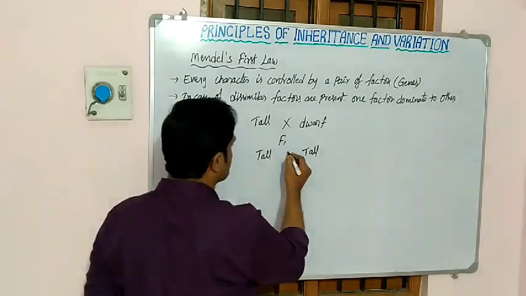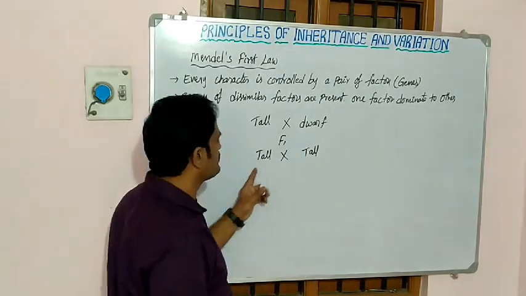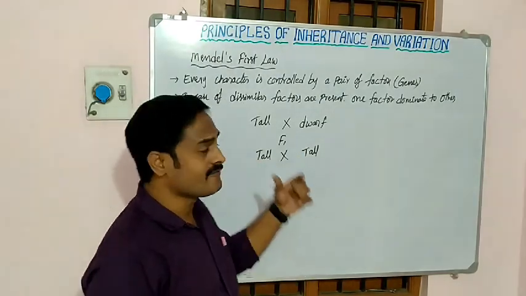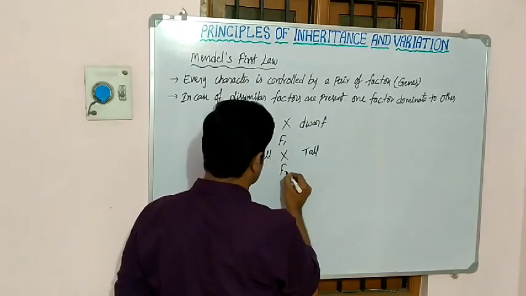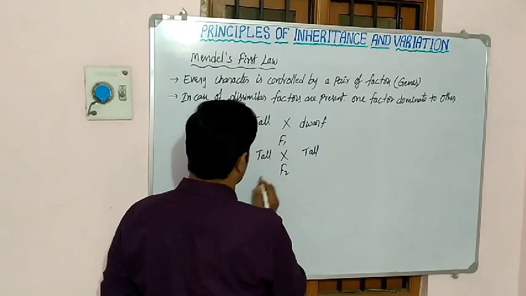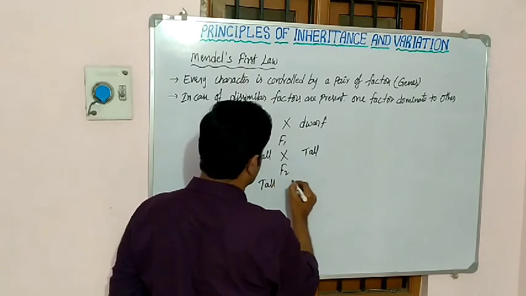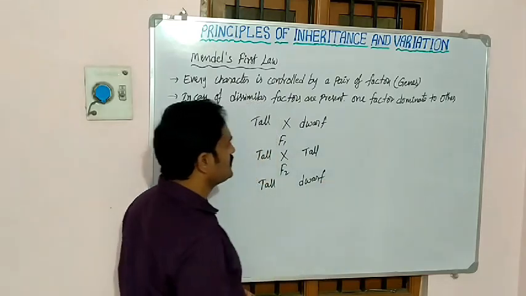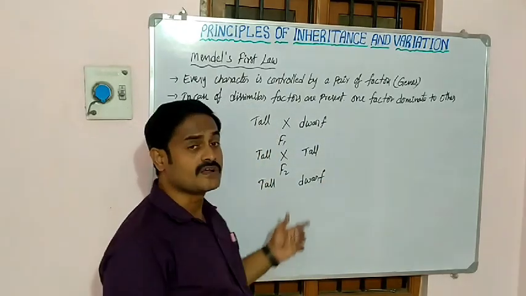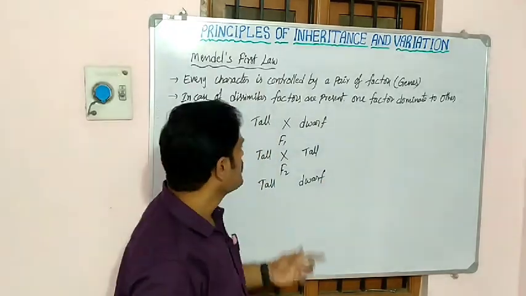Then again we conduct self pollination between these F1 generation plants, and the F2 generation forms tall and dwarf. So this is about the law of dominance.